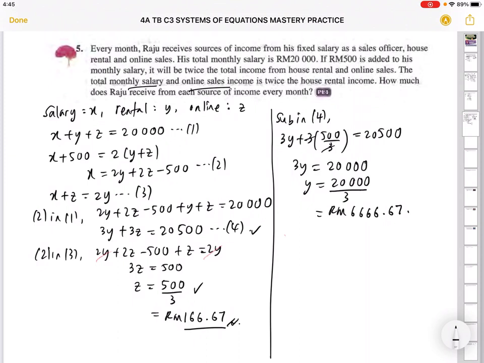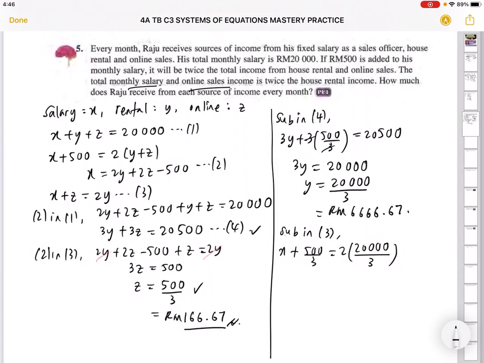Okay. All right. And lastly, I'm going to take this y and z. I'm going to sub inside, let's say, equation number 3, right? So yeah, x plus y plus z, what's z? 500 over 3 equals 2 times y, 20,000 over 3.